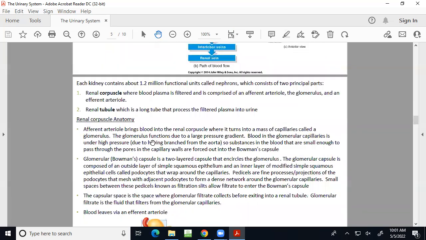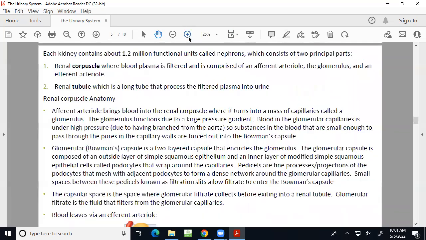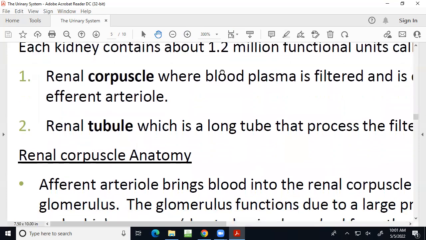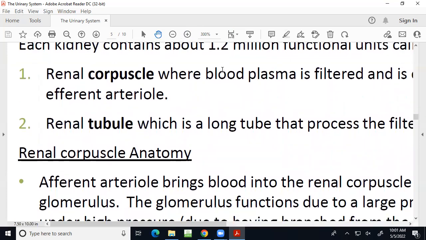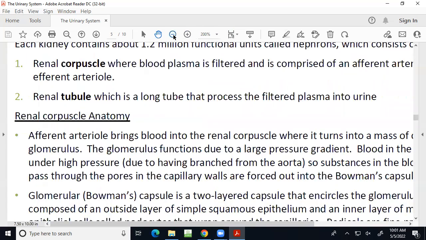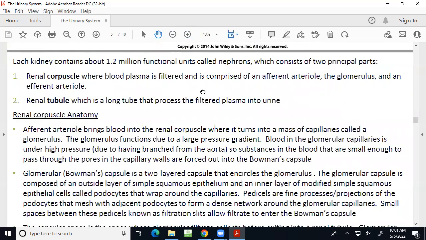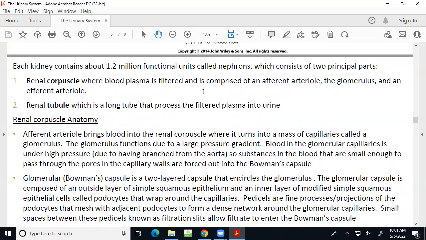All right, so let's talk about those nephrons, which will make a lot of that make a lot more sense. Once again, each kidney contains a little over 1 million of these, and by a little I mean 1.2 million. That's a good number of nephrons.